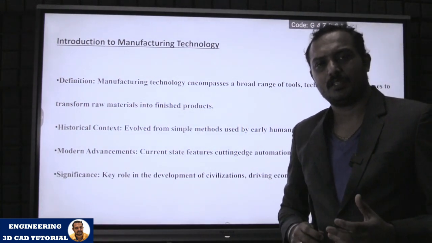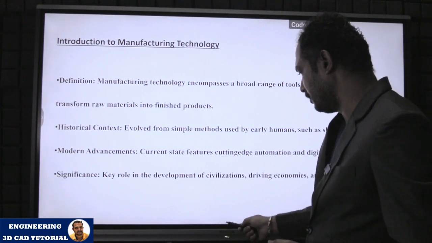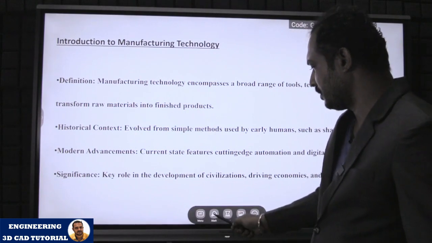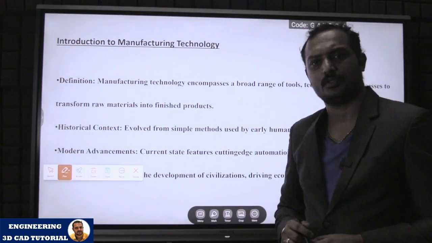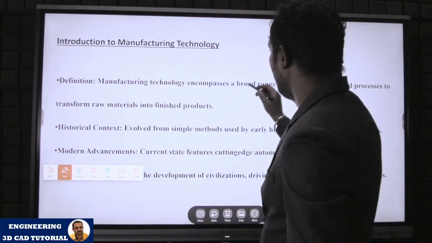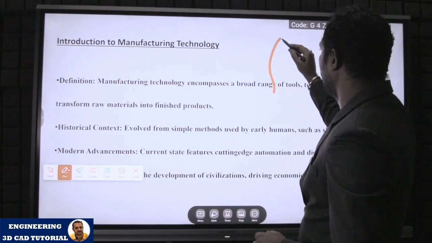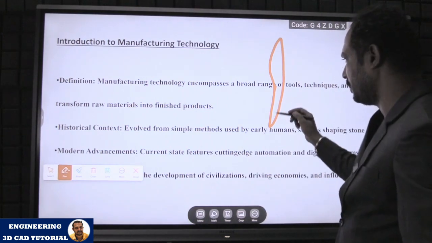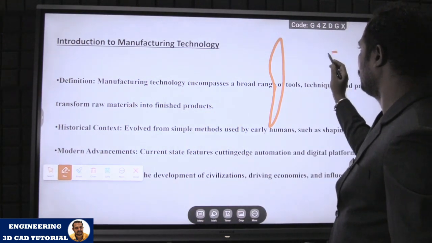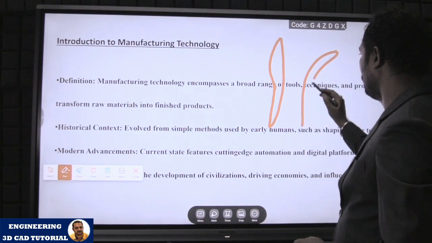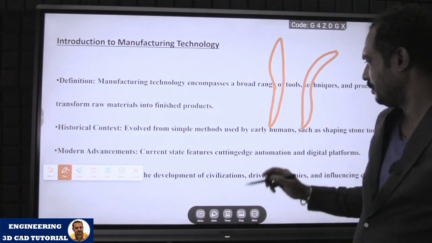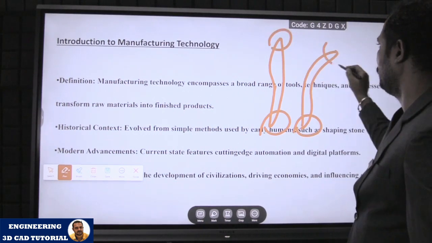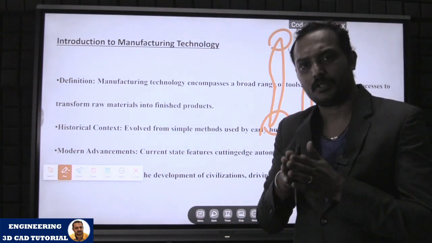Previously, for hunting purposes and everything, humans used a lot of tools. To make something sharp, they may have used different types of techniques to make sharp edges.